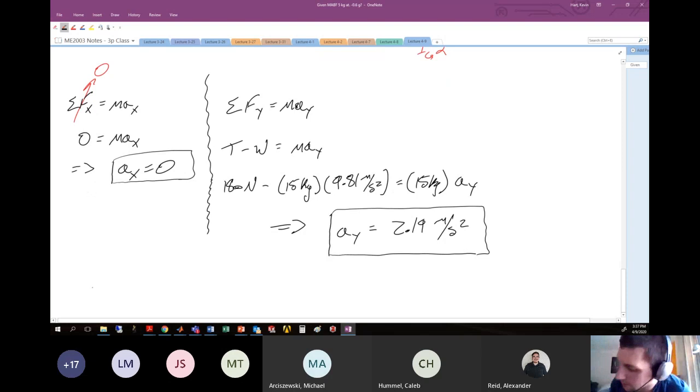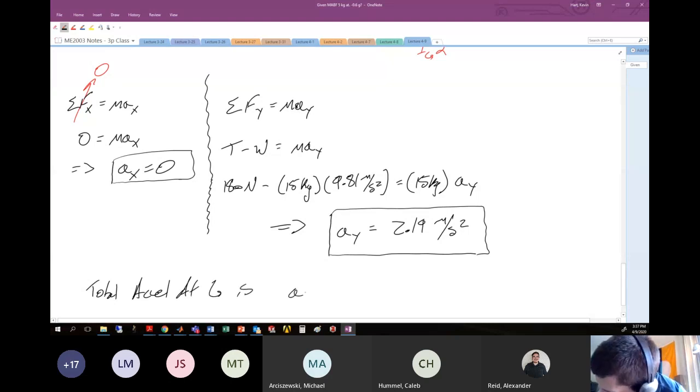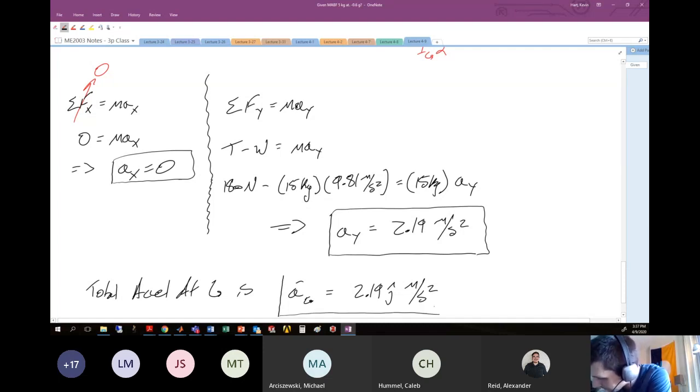So the total acceleration at the center of gravity, remember, acceleration is a vector quantity, is 0 i, which I'll neglect, and 2.19 j hat meters per second squared. That is my total acceleration at the center of gravity for this object.